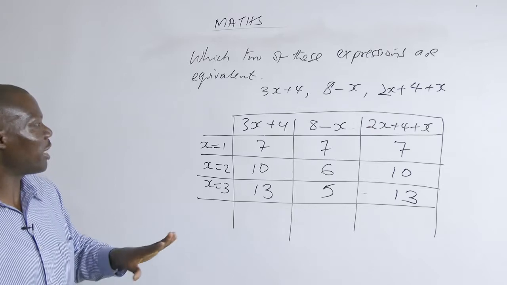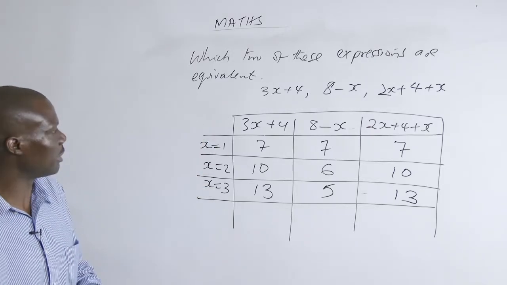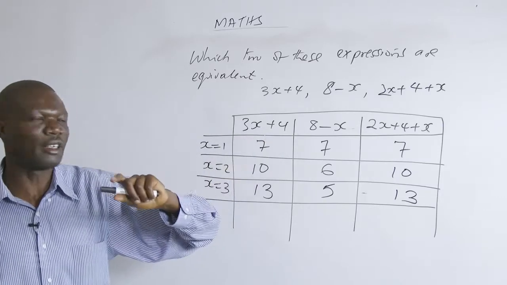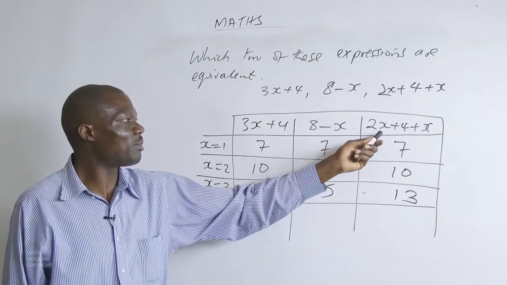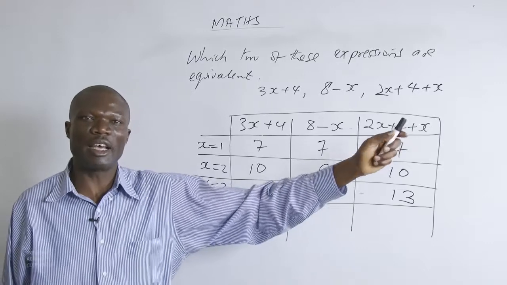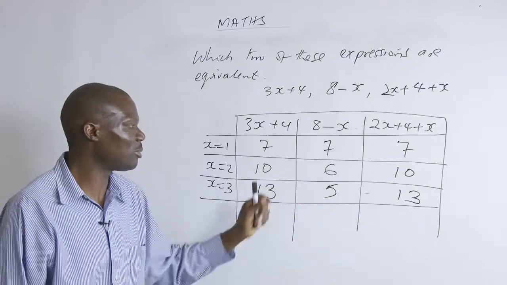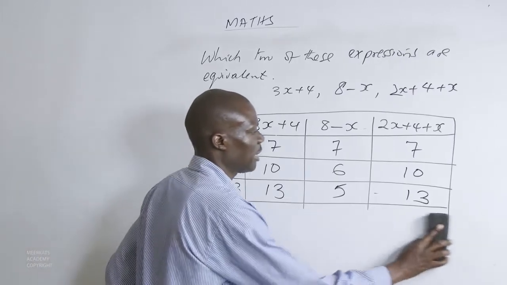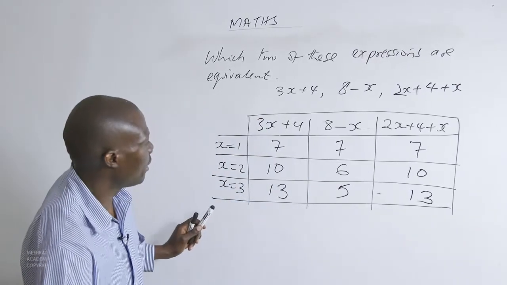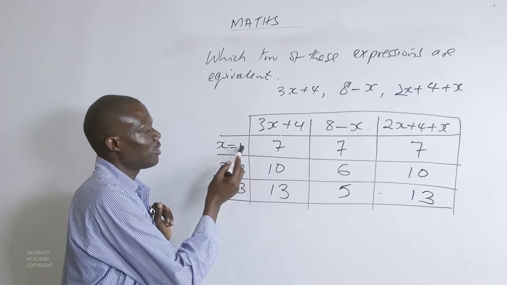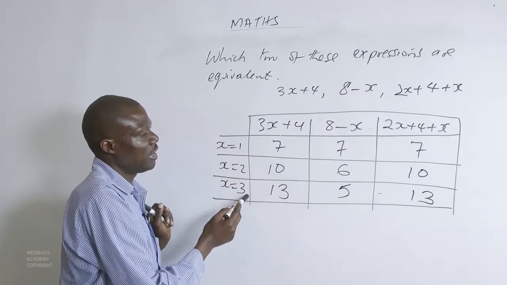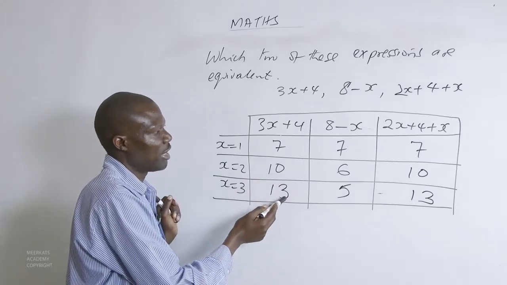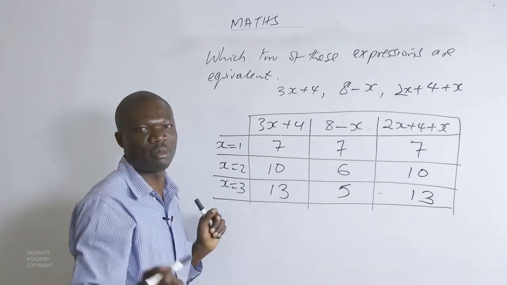So you will realize that the expressions 3x plus 4 and 2x plus 4 plus x, these two expressions are equivalent. And if that is the case, why are we saying they are equivalent? Look at the columns. When x was 1, 2, and 3, it gave us 7, 10, and 13 for both cases, respectively.